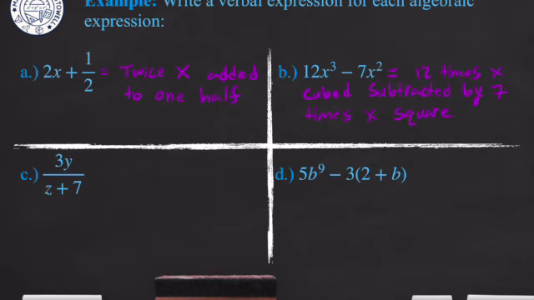Part C. We have 3y, and that's a division of z and an addition of plus 7. So let's figure out how we're going to write this. Let's say this is the quotient of, because quotient is the result of a division.